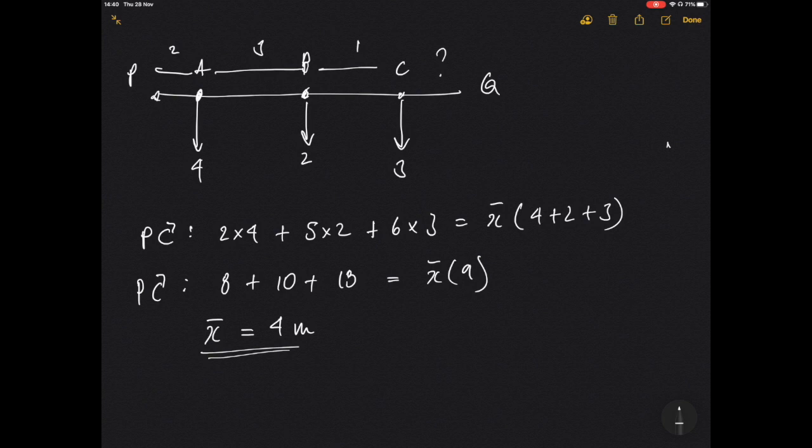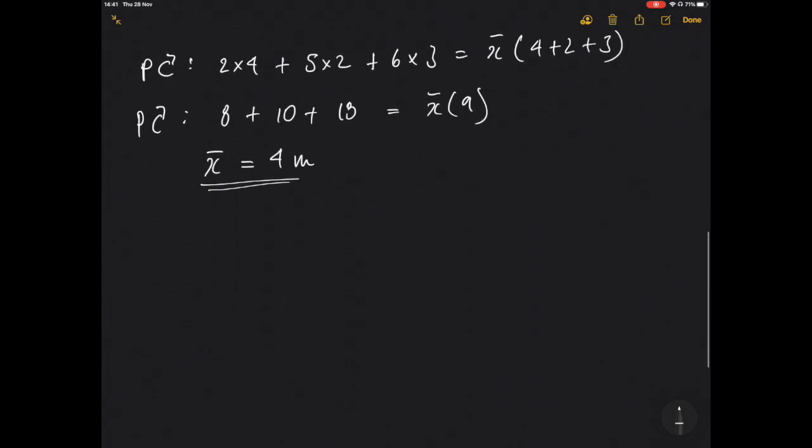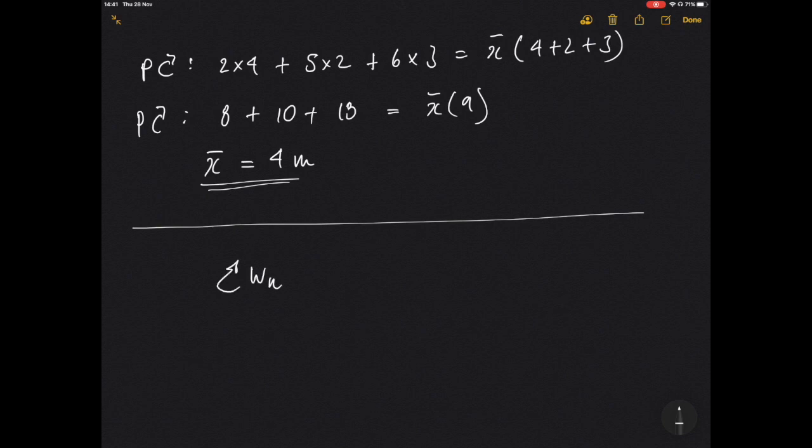So what we've actually done here is create an equation. We're saying that the total of our weights multiplied by their distances is equal to our average distance multiplied by our total weight.